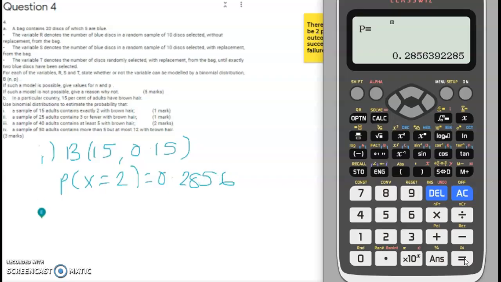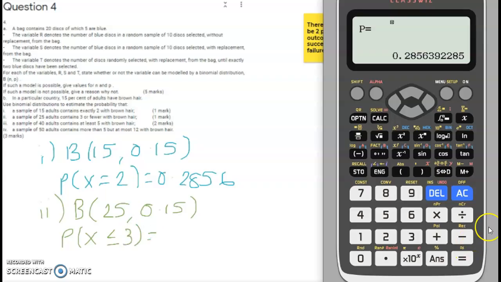Moving on then to part 2. This time we have a sample of 25 adults, still looking at brown hair. So that changes to 25 but stays at 0.15. And this time we're being asked for 3 or fewer. So less than or equal to 3.